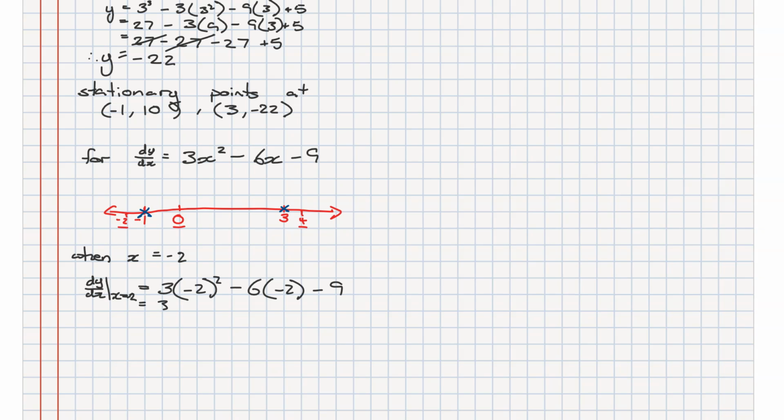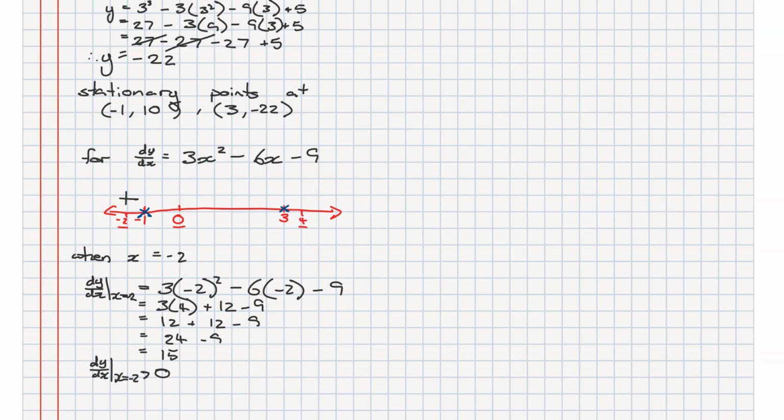This is going to come out as 3 times positive 4, minus negative 12, minus 9. 12 plus 12 minus 9, 24 take 9, and this will come out to be, I believe, 15. So in which case dy over dx is greater than 0.